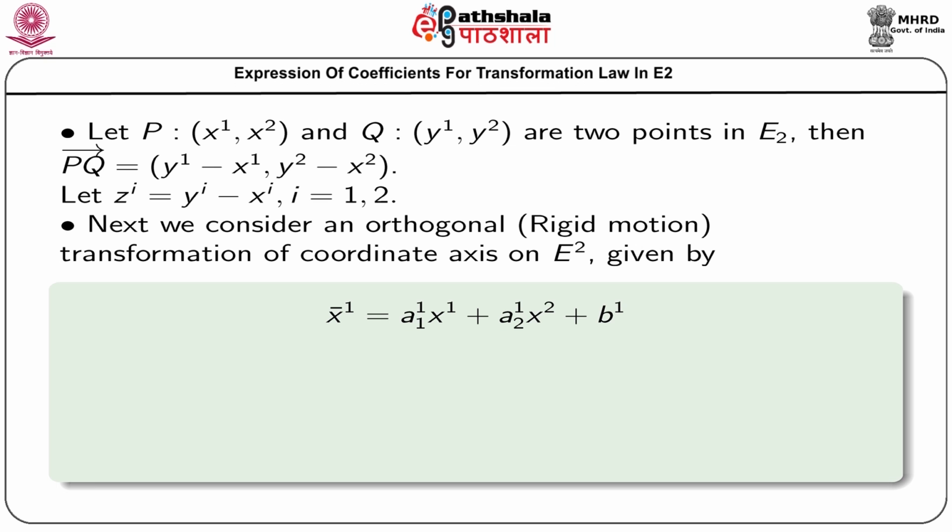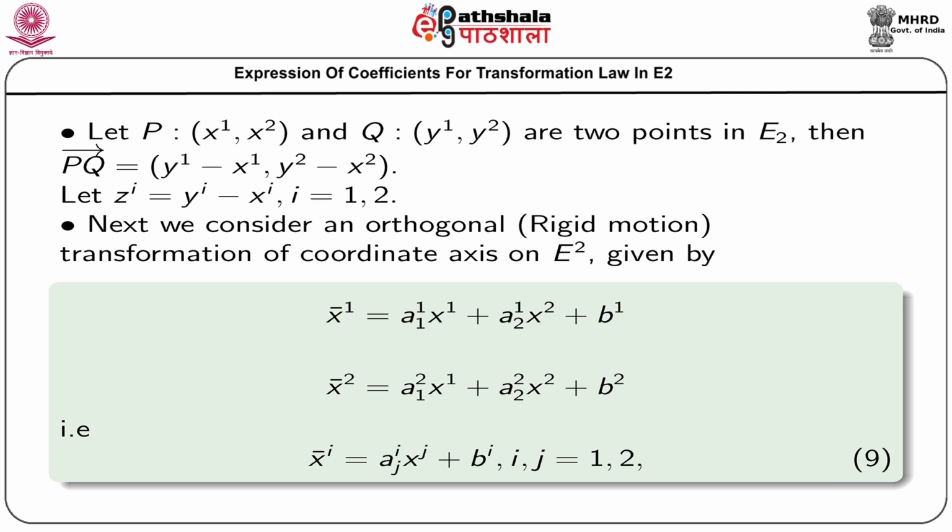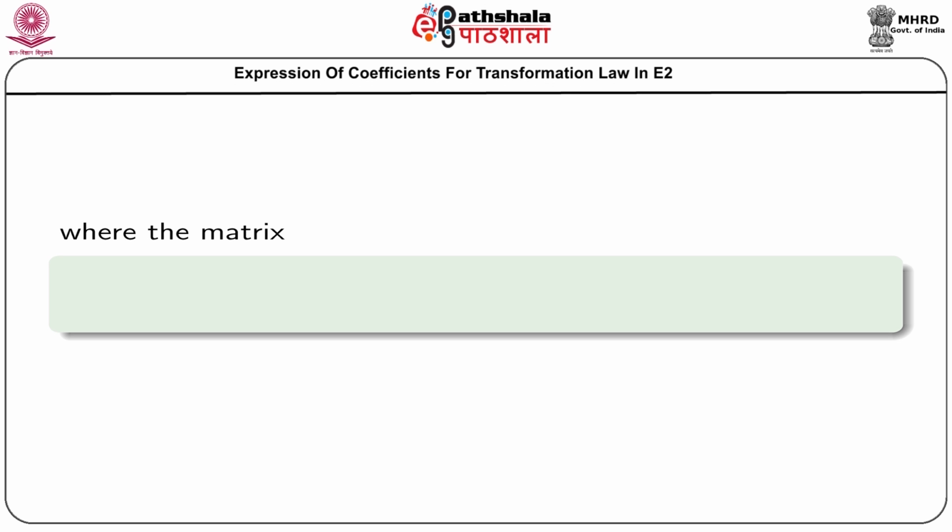So, this is the transformed x1 coordinate, and x̄2 is a^2_1 x1 plus a^2_2 x2 plus b2, which can be expressed using the summation convention as x̄^i equals a^i_j x^j plus b^i, where i and j run from 1 to 2.